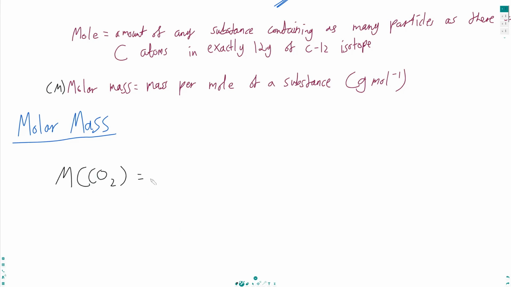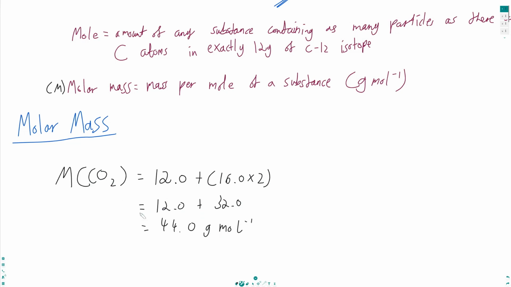We take the molar mass of carbon, which is 12.0, and then the molar mass of oxygen, but remember it's 2 oxygens, so we do 16.0 times 2. That's 12.0 plus 32.0, which gets us to 44.0 grams per mole. So in 1 mole of CO2, there are 44 grams.